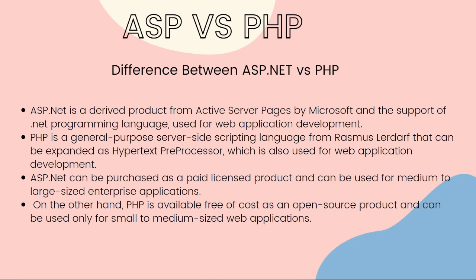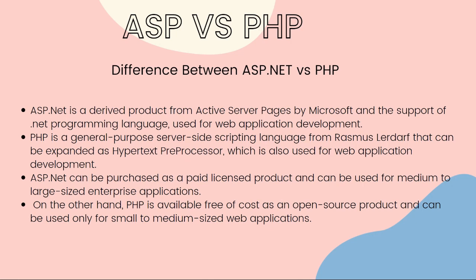There are lots of popular databases which can be integrated efficiently with the PHP code. Okay, the difference between ASP and PHP: ASP is a derived product from Active Server Pages by Microsoft and supports the .NET programming languages used for web application development. PHP is a general purpose server-side scripting language from Rasmus Lerdorf that stands for Hypertext Preprocessor, which is also used for web application development.